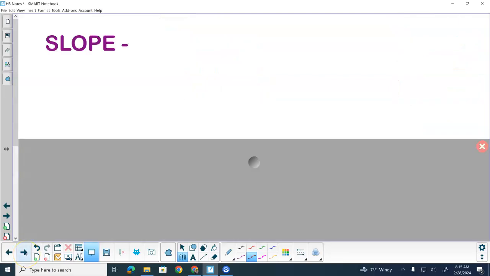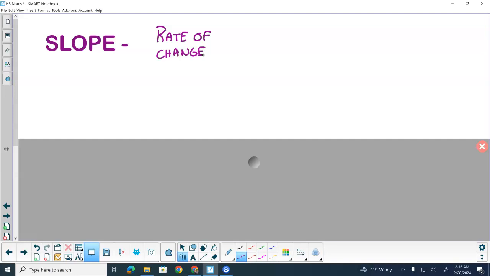So, we talked last unit all about slope. Anybody refresh my memory what slope is? It's a rate of change. Yep. More specifically, Will, it's the rate of change of what?